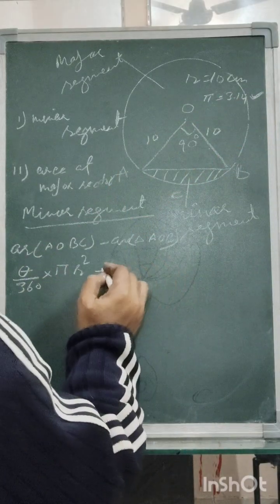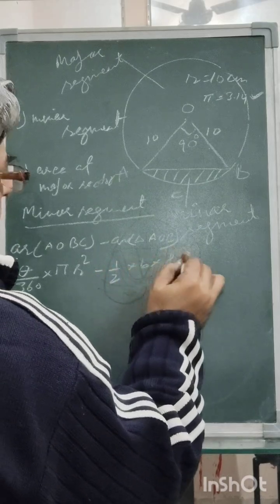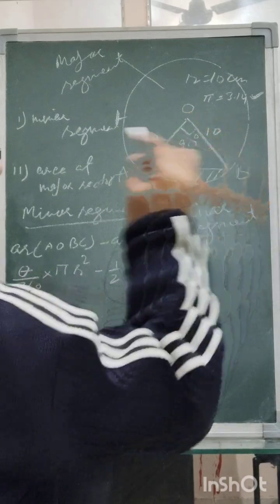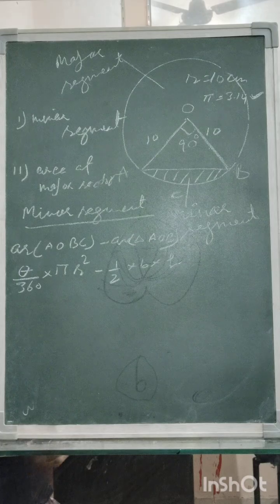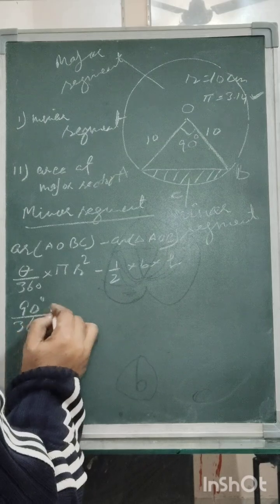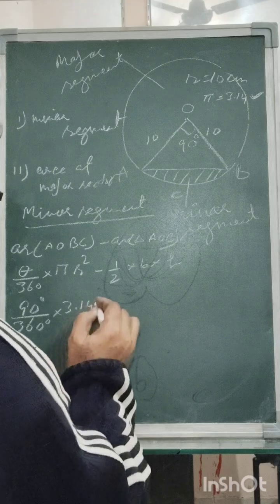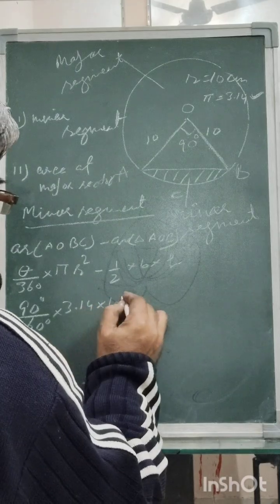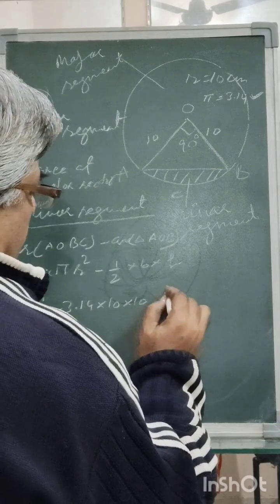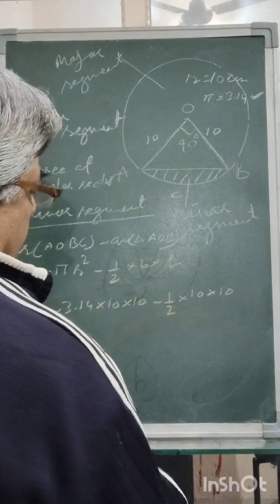So the area of the triangle, which is a right angle triangle, would be given by half base into height. The base is 10 centimeter and the height is 10 centimeter. So theta is 90 degree. Divide by 360, multiply pi, which is 3.14, multiply r into r, because it is r square, minus half, base is 10, and the height is 10 centimeter.